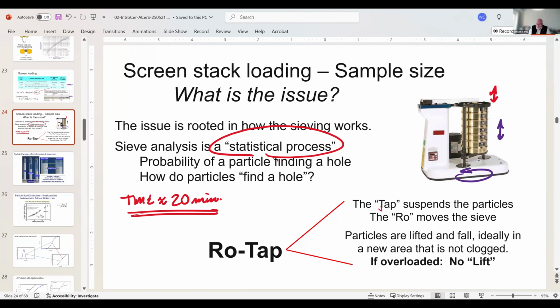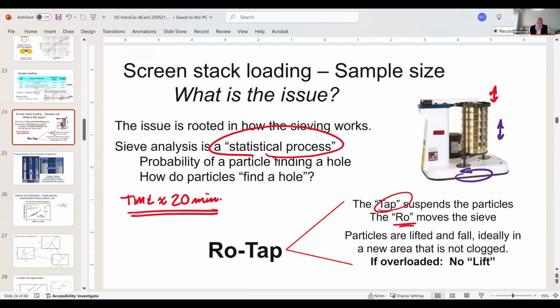The tap suspends the particles, and the rotation moves the sieve so that the particles have a greater probability of finding a hole to fall through. Ideally, they move to a new area that's not clogged. If they're overloaded, the material in the sieve can't lift, and the particles then impede other particles from finding holes to fall through the sieve, so you get a non-representative measurement.